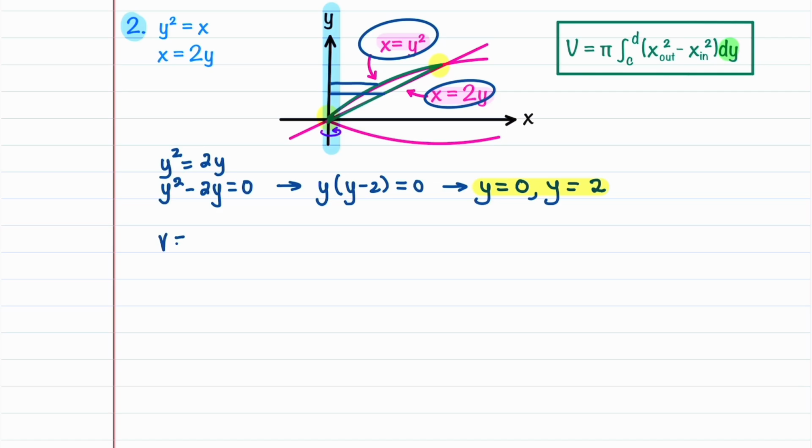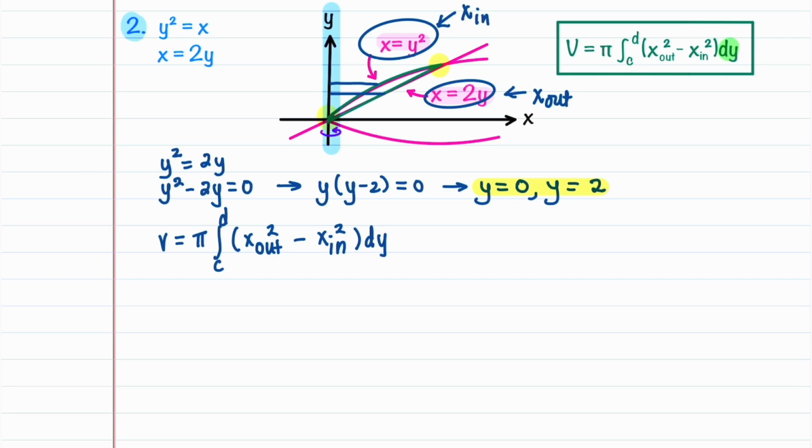Our formula is V is equal to pi times the integral from c to d, our outer radius squared, which is x out squared, minus our inner radius squared, x in squared, times dy. Let's go up here and let's label this as x out, and we'll label this one as x in.